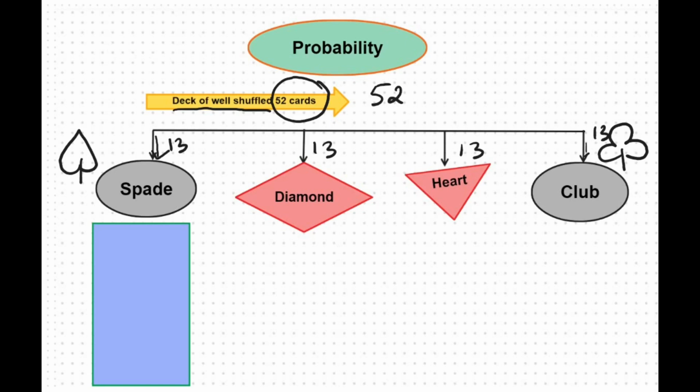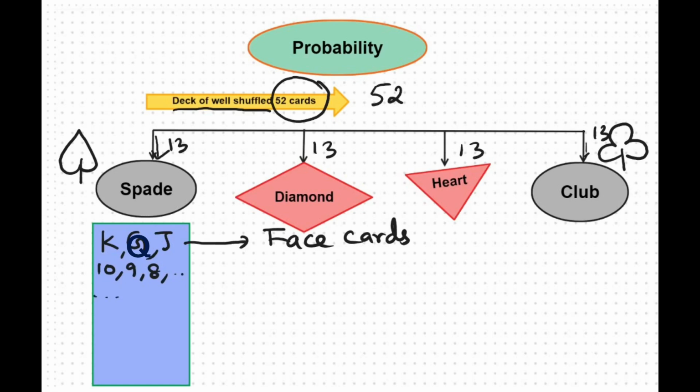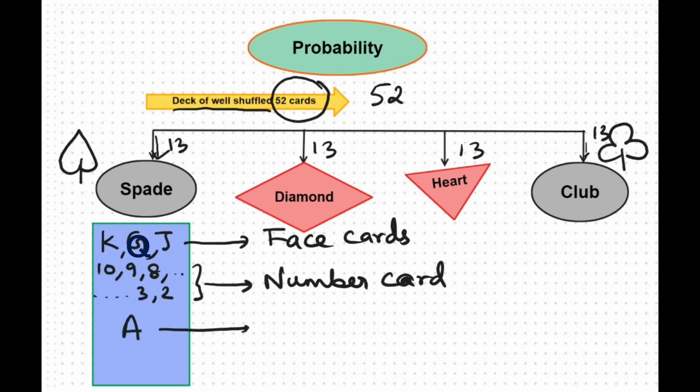Each kind consists of king, queen, jack. The king, queen, jack are called the face cards. After jack, we will have the number cards 10, 9, 8 and it goes in descending order down to 3, 2. So the number cards will be from 2 to 10. After 2 there is no numbered card, but we have an alphabet card A. The alphabet card is the ace card.